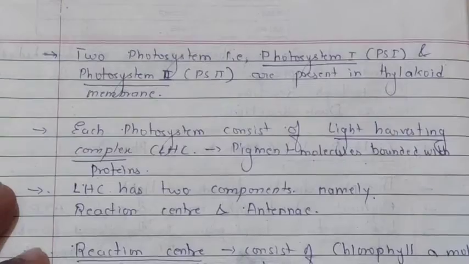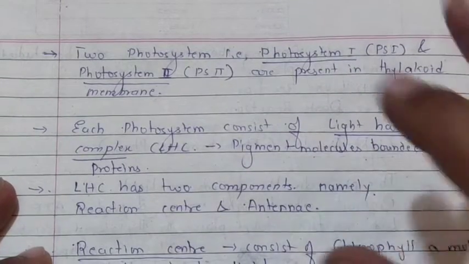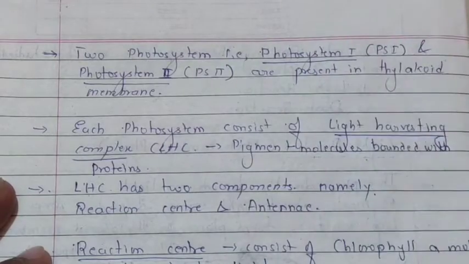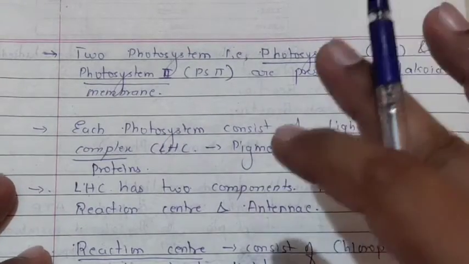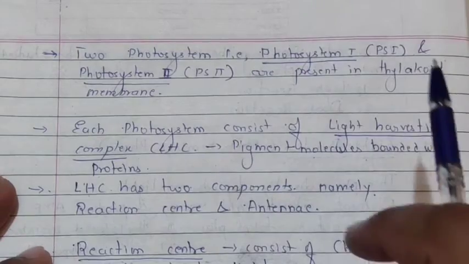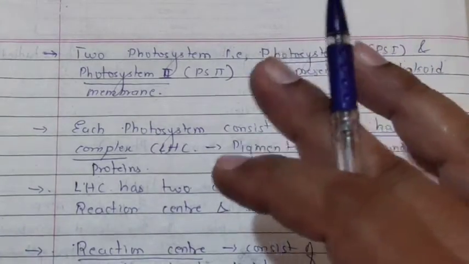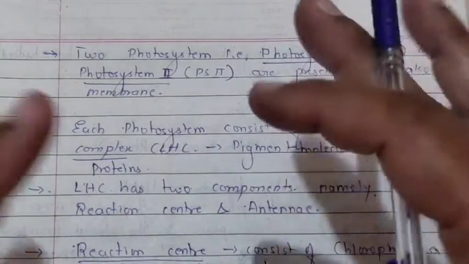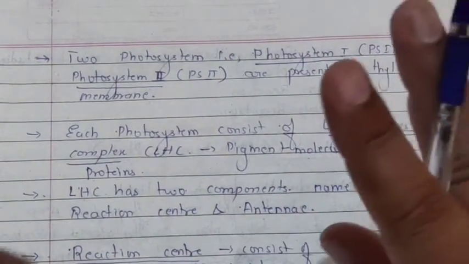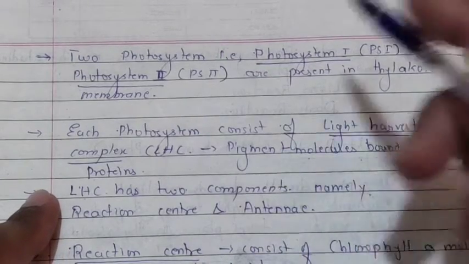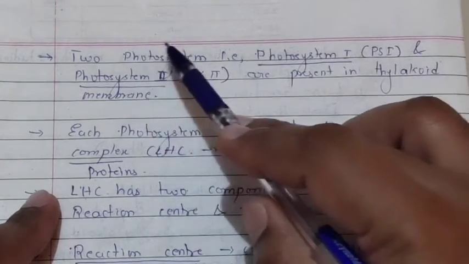Now we came to know that these pigments, chlorophyll A, chlorophyll B and accessory pigments, are present in the thylakoid membrane, and they are not present randomly. There is a system of these pigments. Basically, two types of system are present. How many types? Two types of photosystem.